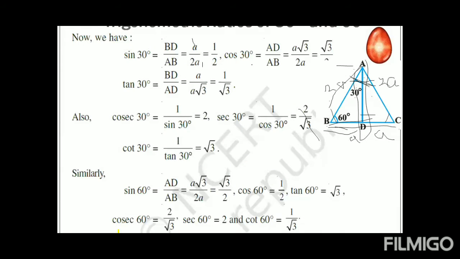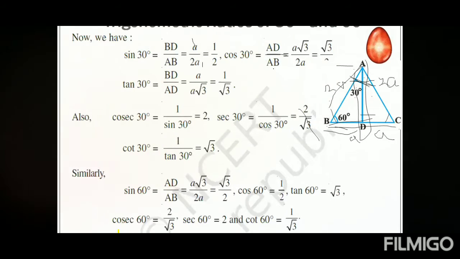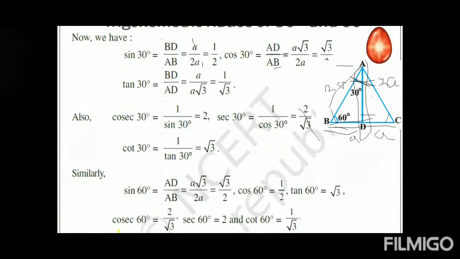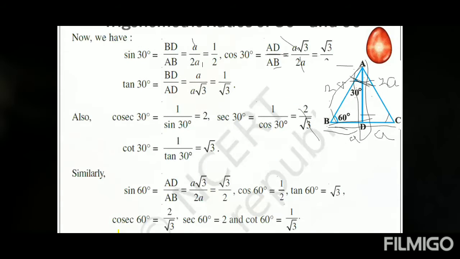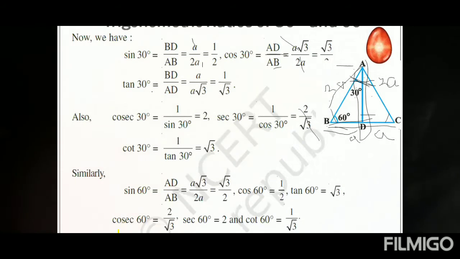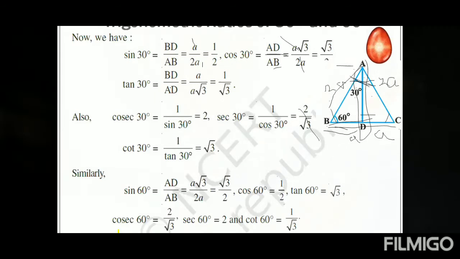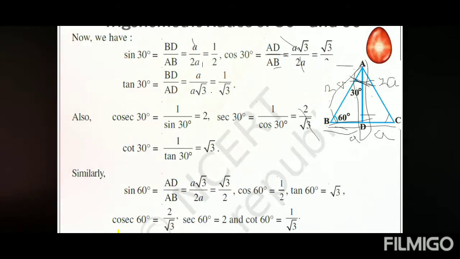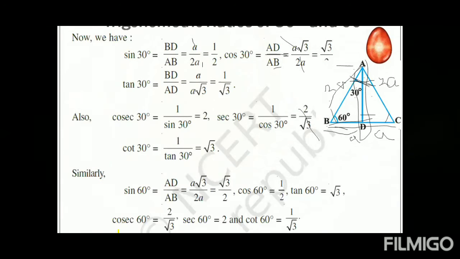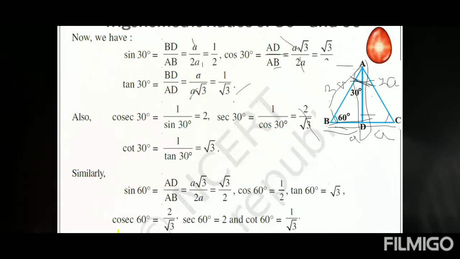Similarly, cos 30 is adjacent by hypotenuse, that is A root 3 by 2A. A gets cancelled and root 3 by 2 is the answer. Tan 30 is opposite by adjacent, that is BD by AD, that equals A by A root 3, and when A gets cancelled, it will be 1 by root 3.